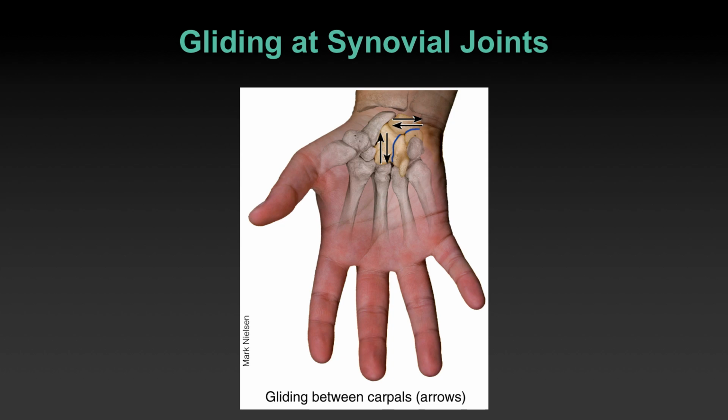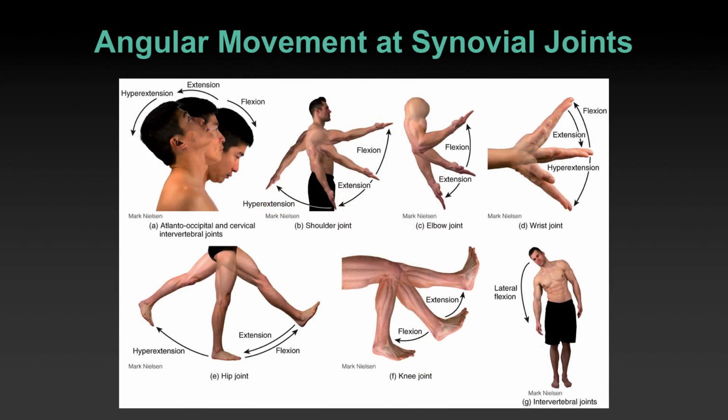I'll hold off on showing you a lot of detailed animations until we just describe the functions. Gliding is slipping, the sliding of surfaces across each other. So it's in line, the bones move in line between each other. It's not as easy to see gliding as it is some of these other movements, which are evident from the outside of the body.